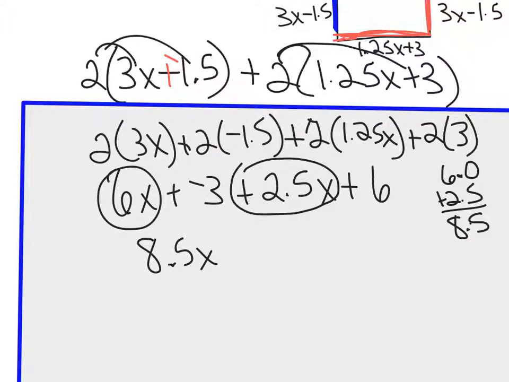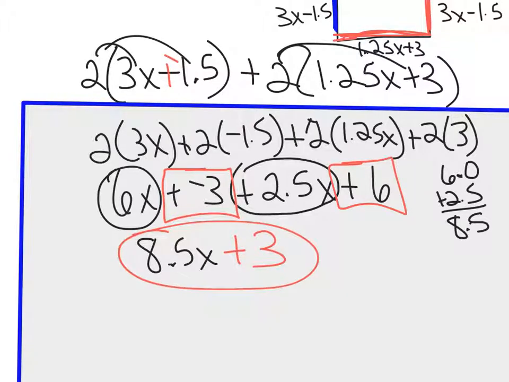So decimals have to be lined up when you add or subtract. And then we have some constants we can combine. So negative 3 plus 6, which would be a positive 3. So this would be our perimeter for the rectangle.